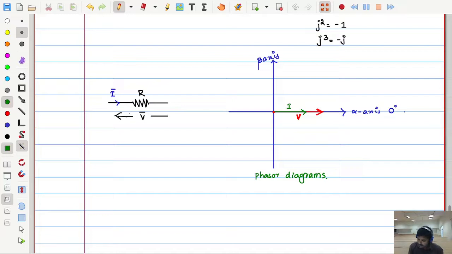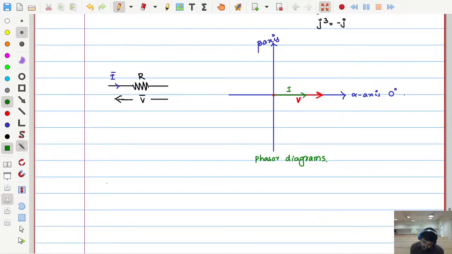Now try to observe here a very important feature: the voltage, let me write, the voltage is in red color, voltage V bar and the current I bar are on the same line and coincide with each other.